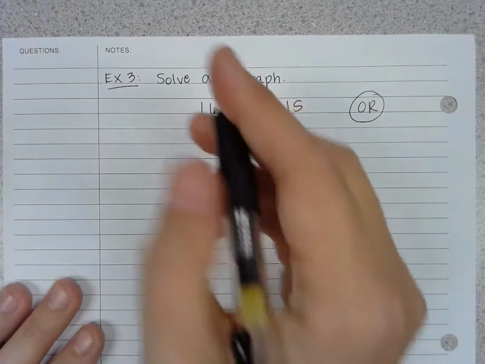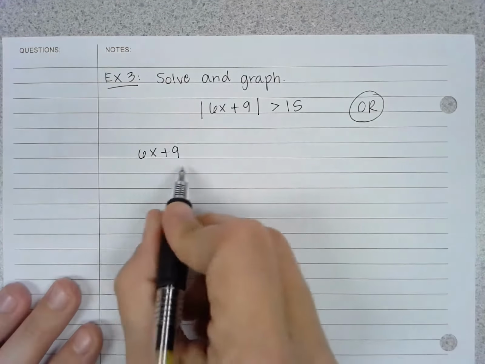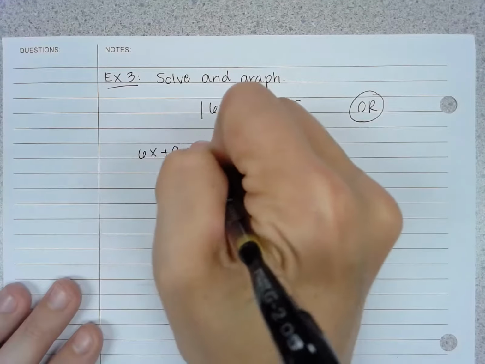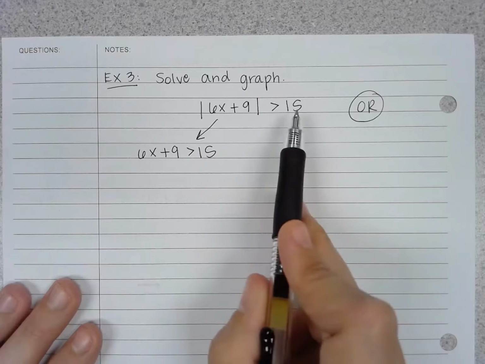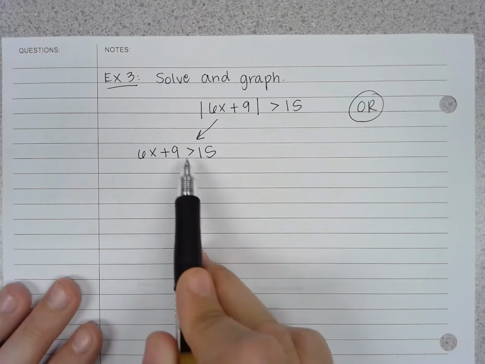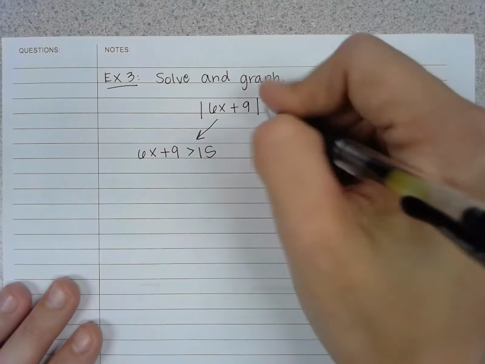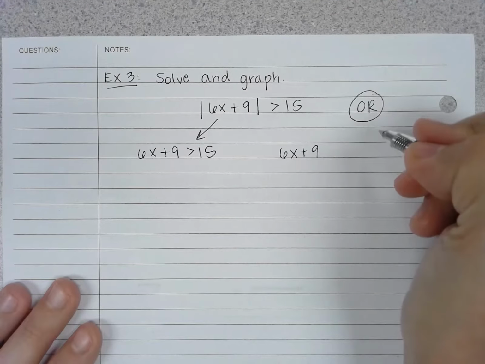You're going to drop the bars. You're going to write 6x plus 9, so no bars on this one right now, is greater than 15. What you write down over here is the same thing that you had up here, except you drop the bars around the absolute value. So it says that this can be 15 above 0. And then when you come over here, 6x plus 9, there's two things you have to fix.